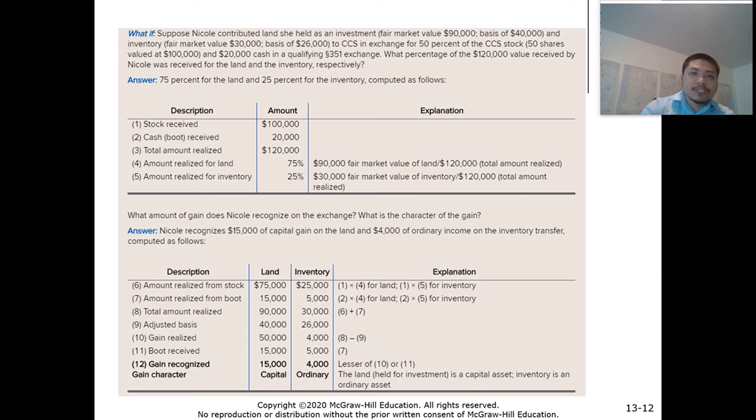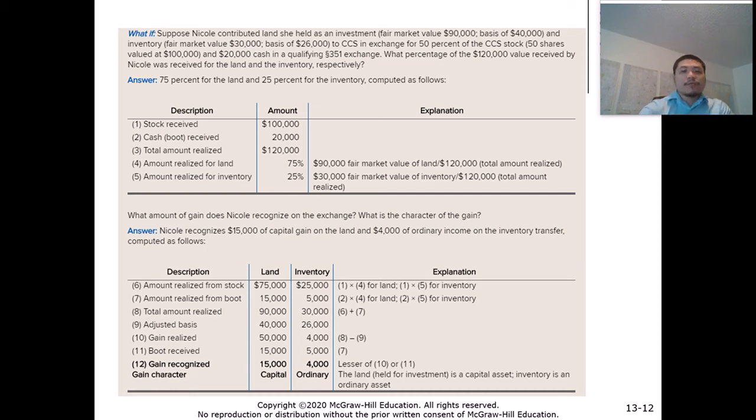So now the first question asks, what is the percentage of the $120,000 value received by Nicole for the land and the inventory, right? So we have to distribute this to each asset, right? And how we do it, we use the fair market value of the properties to calculate a kind of ratio, right?